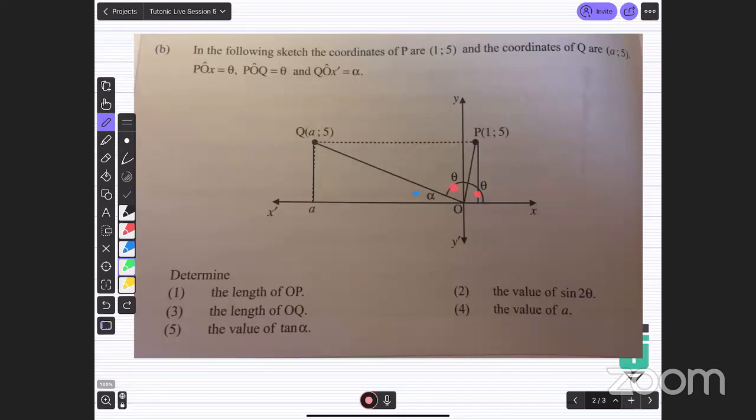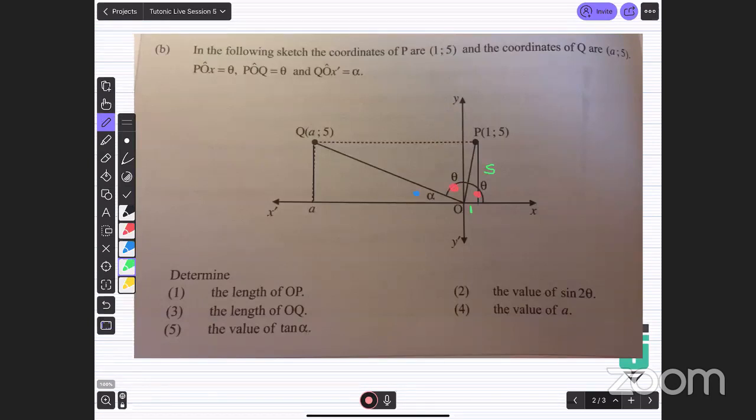I just assumed, because they asked for the length of that line. You have the coordinates of O and the coordinates of P, and then you put them in the distance formula and you'll get the length of that line. Yes, but do you agree this is 1 and this is 5, right?